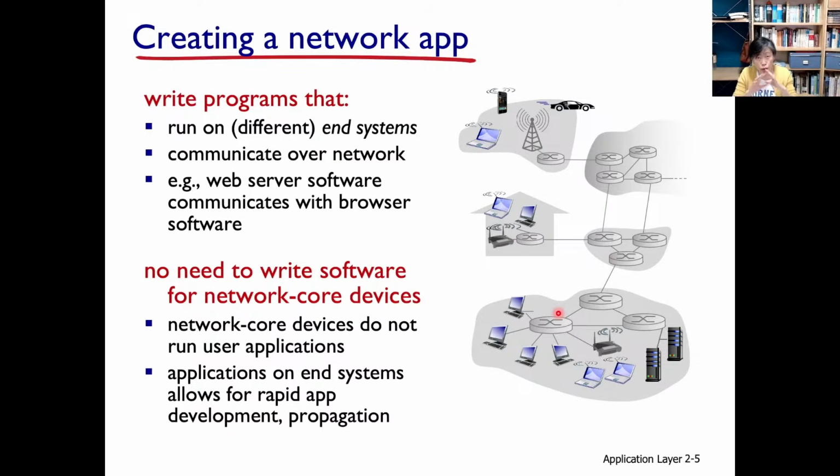Now, to support all these applications, the principle is quite straightforward. Essentially, we write programs. There are at least two parties. One program sits on each of the end systems involved in the communication, and they will be communicating, sending messages over the internet. For example, the web server program sits on the web server machine.